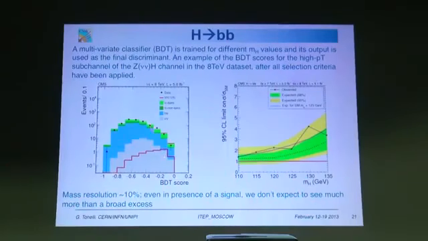This is logarithmic scale, so it's a really tiny signal you might see. And in fact, here you see again maybe some positive fluctuation, but nothing really significant. So again, these two channels, to summarize, tau tau and BB, at least with statistics of 10 inverse femtobarn, don't tell us much in terms of presence or not presence of the standard model Higgs.